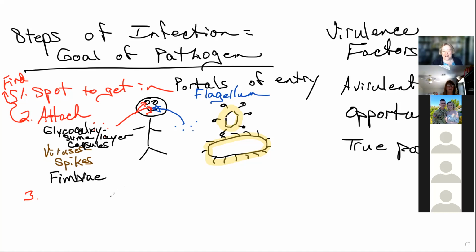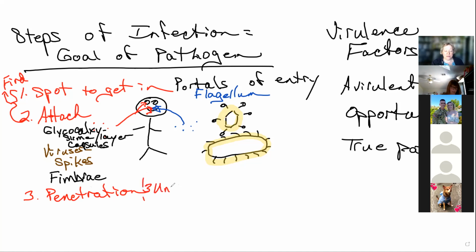Is this where it penetrates? No, you are on the right track, because if we're talking viruses, penetration is the next one. But we're going to generalize this. So I'm going to go ahead and put penetration. Would that be uncoating? Yep, penetration and uncoating.